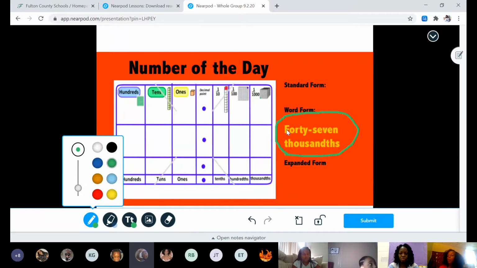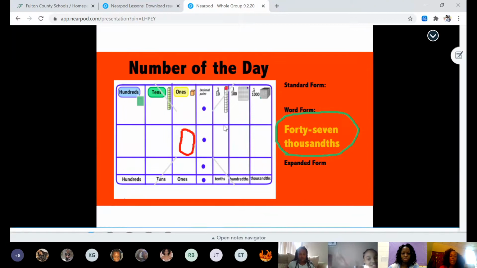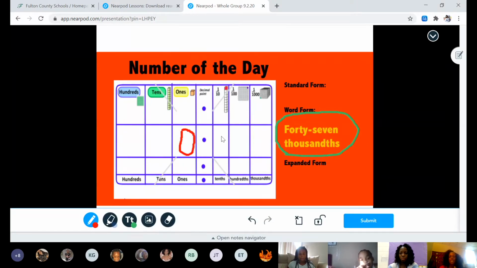I don't see the word "and," so that means that we don't have any whole numbers. We only have decimals. So how would I write this decimal, 47 thousandths? With digits, for example, I would need a 0 in the ones place. What digit would I need next in the tenths place, Zanaya?